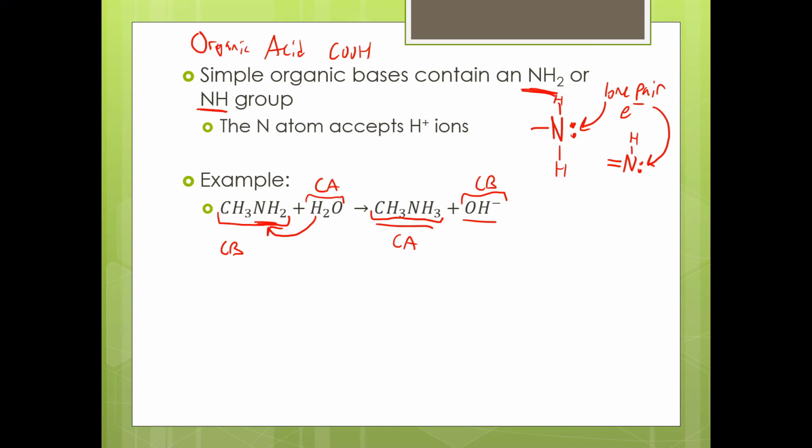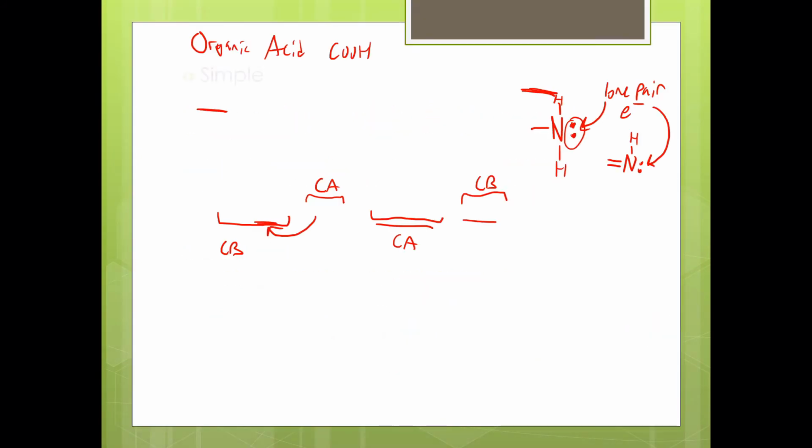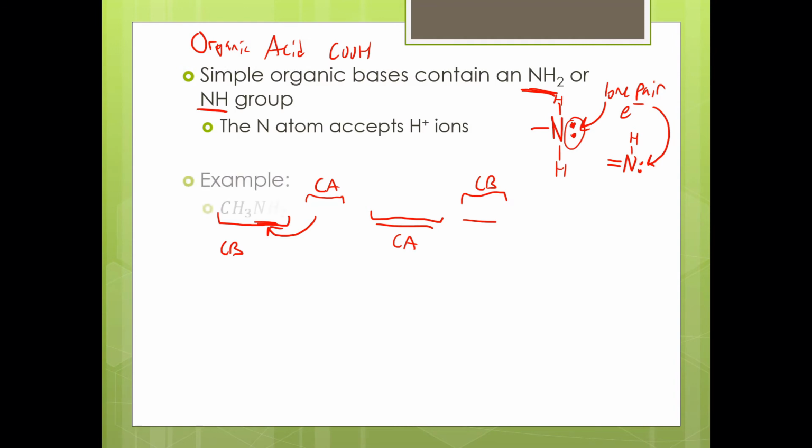There are much more complicated ones out there, but they basically operate on the same principle in that somewhere on the molecule there's a lone pair or some other large negative charge density, and then with the acids you have a hydrogen that is loosely bound to something on that molecule, and that's how they can give away their hydrogens or how they can accept hydrogens.